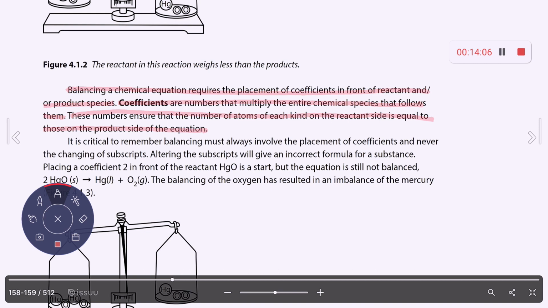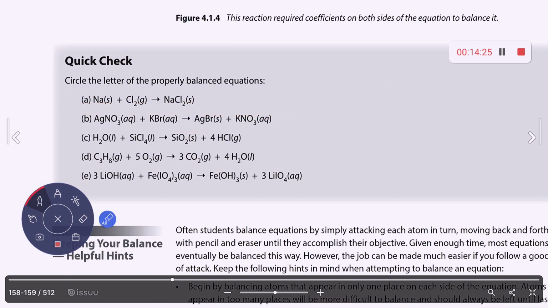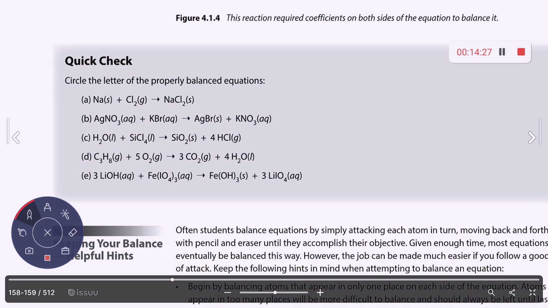We're going to start with the quick check on the next page. Right here, let me take a look at number 1 with you.